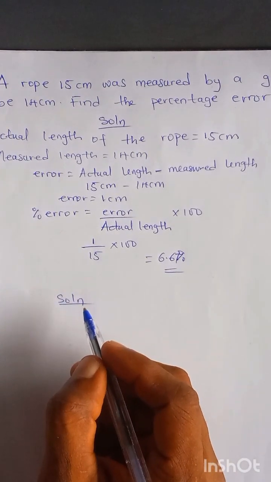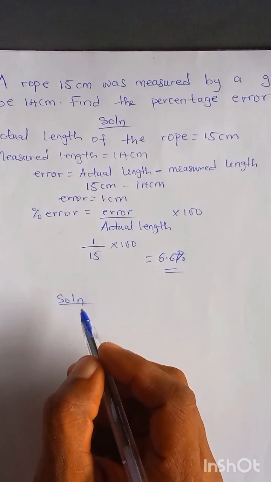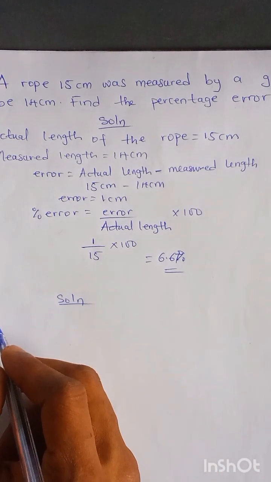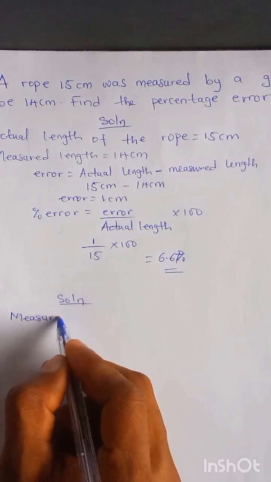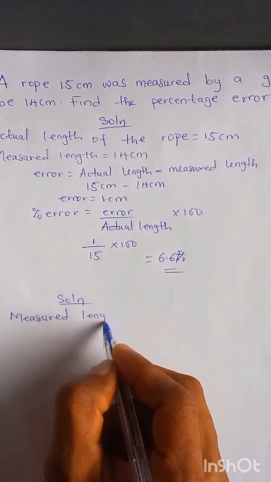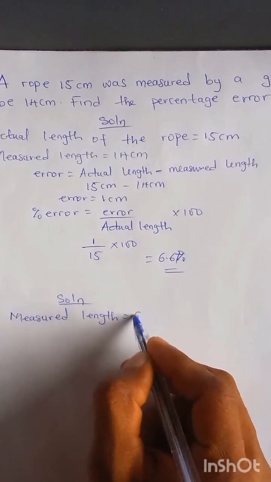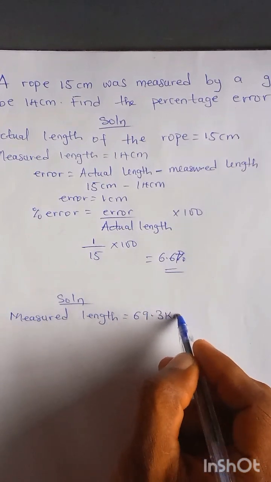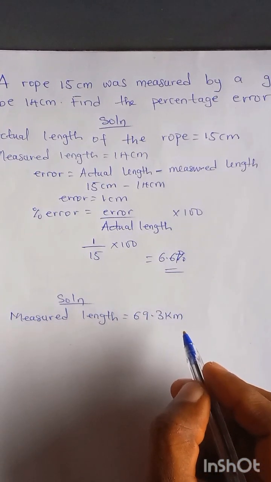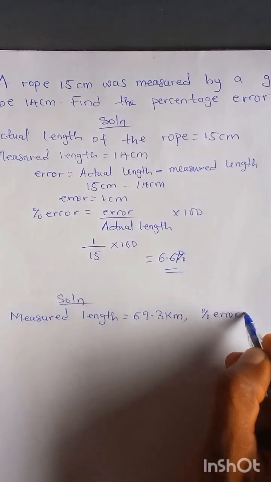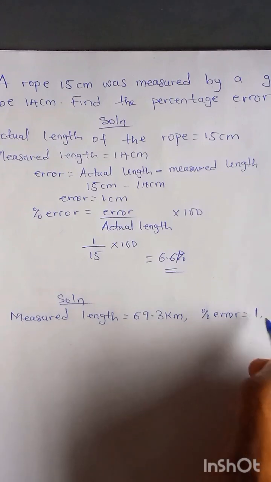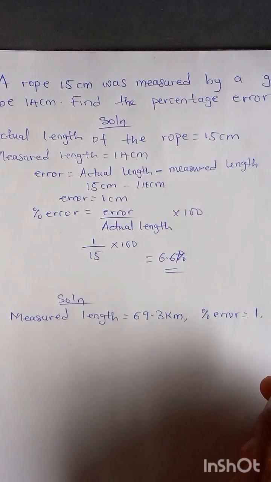A surveyor measures a road as being 69.3 kilometers, so measured length is equal to 69.3 kilometers. It says there is a 1% error in the measurement, so percentage error is equal to 1.